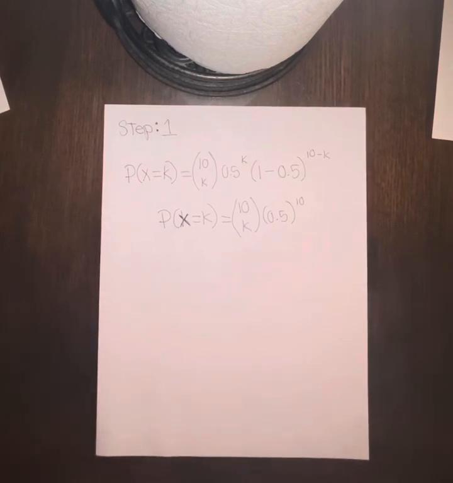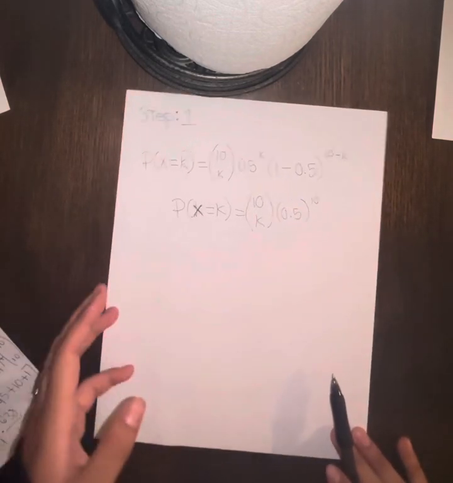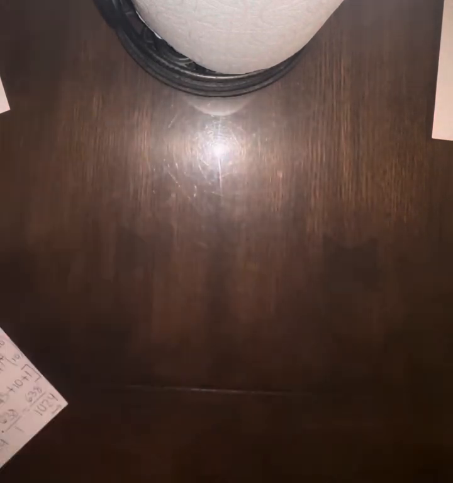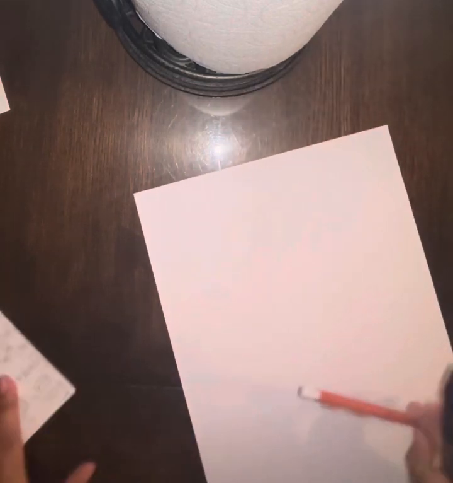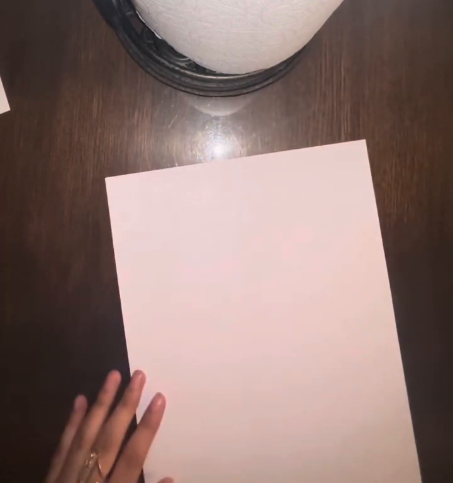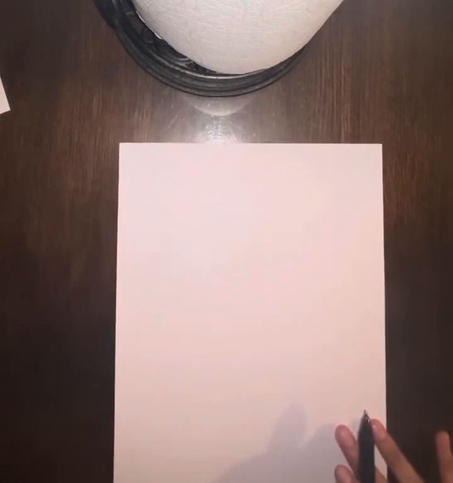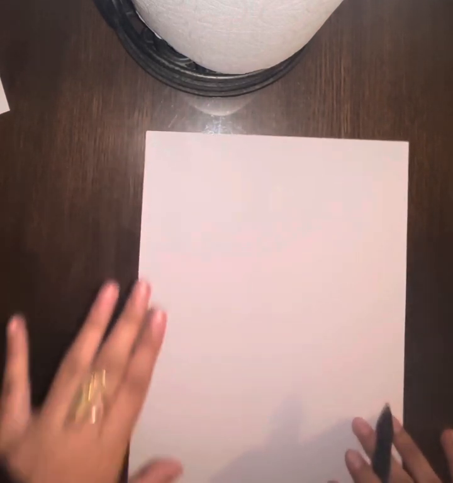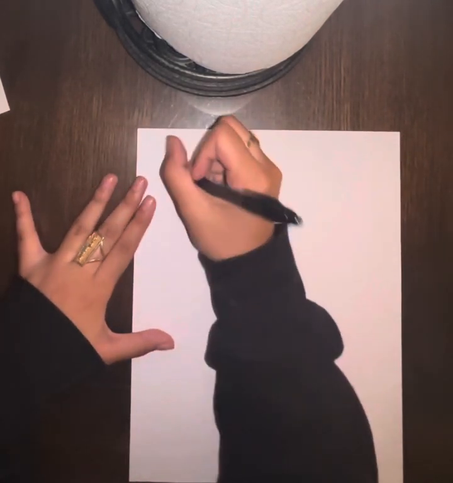So after that, you will move on to step 2, which is finding the probability of at least 5 profitable properties. In order to calculate this, you would have to use summation to find the probability by adding all the possibilities together. So your equation should look like this.